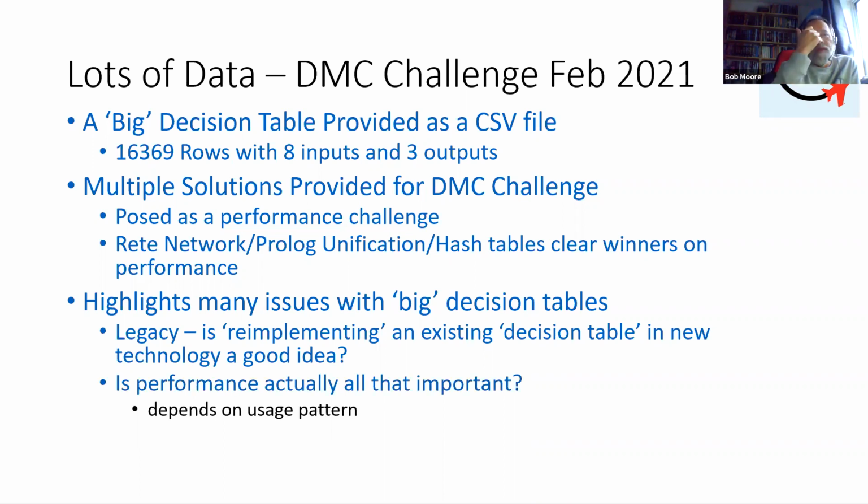Now, the actual performance that you get depends on your usage pattern. If I ask for the decision table to make one decision, and I'm using a web service, then the network overheads of communication are going to be much larger than however long it takes for the decision table to come up with that answer.